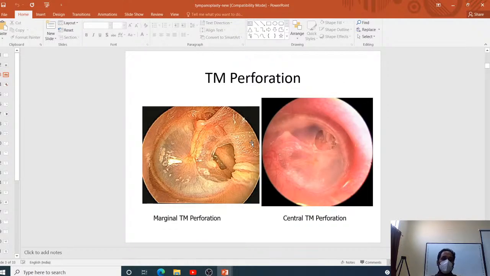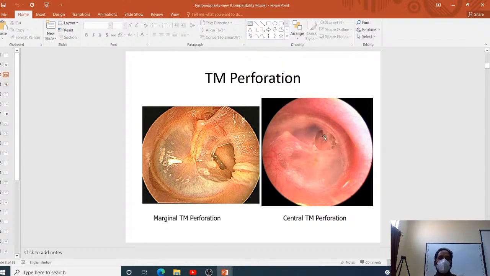In cases of chronic suppurative otitis media, mucosal type, safe type of disease, the patient will complain of hard of hearing because of the perforation in the tympanic membrane. If you see this picture, this is a perforated tympanic membrane. This is the entire tympanic membrane, and this is the perforation, a hole seen over the tympanic membrane.